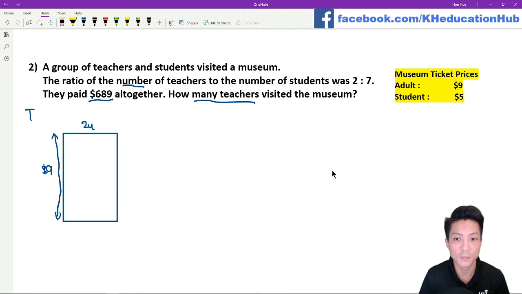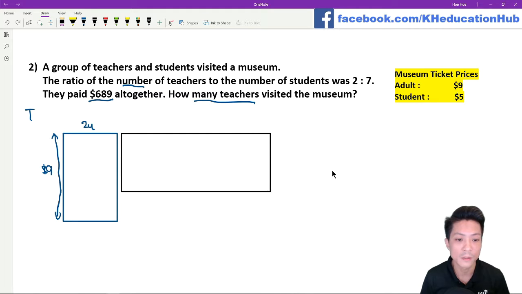I'm going to draw another box which represents the number of students. Students will be 7 units, and then the price of each student is $5. $5 is somewhere here, 7 units. Going to be a bit difficult to gauge, but I think it should be around here.